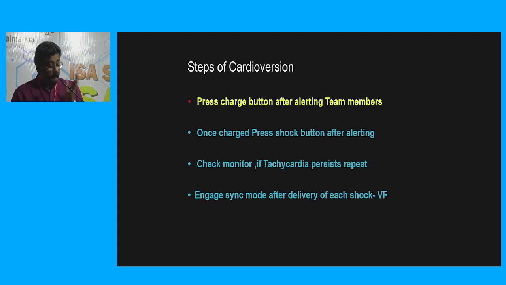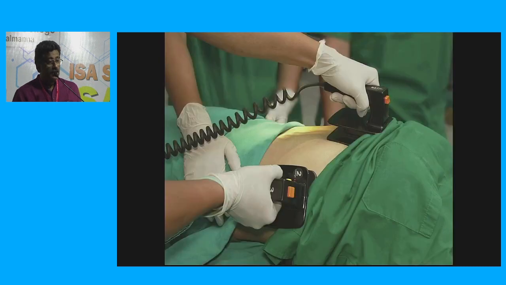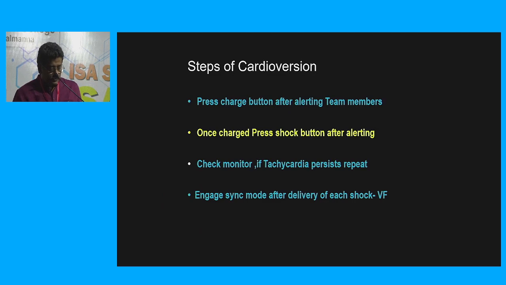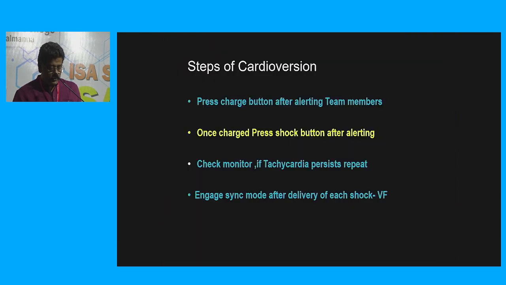Then you will have to press the charge button. You can see if you are using pads, it can be from the machine. If you are using the paddles, it is on the paddles. So once it is charged, you select the energy. Then you will have to charge it. Once it is charged, press the shock button.